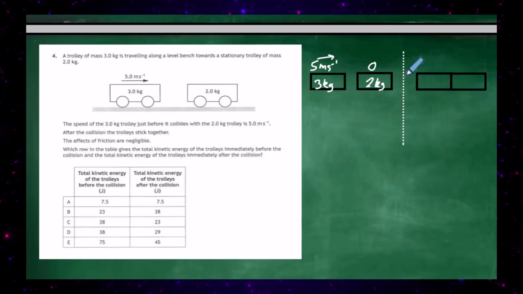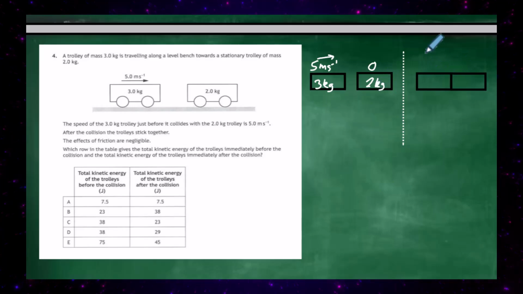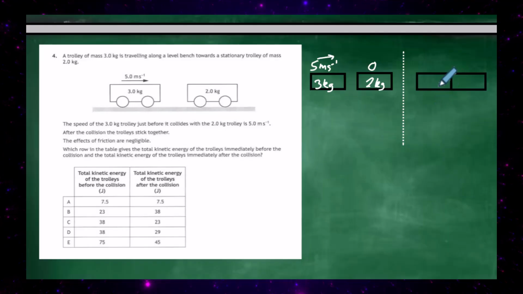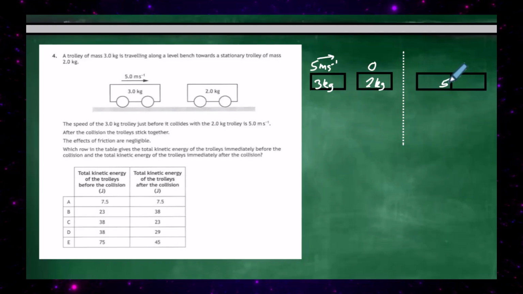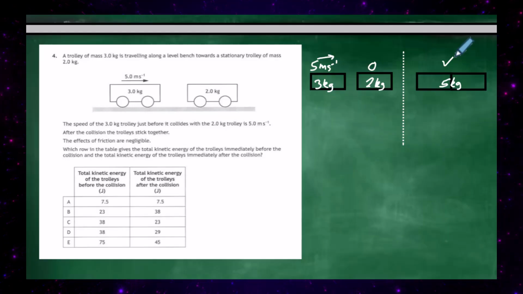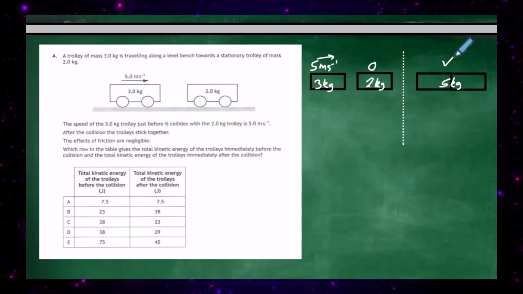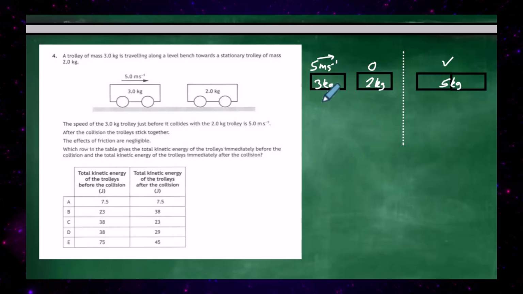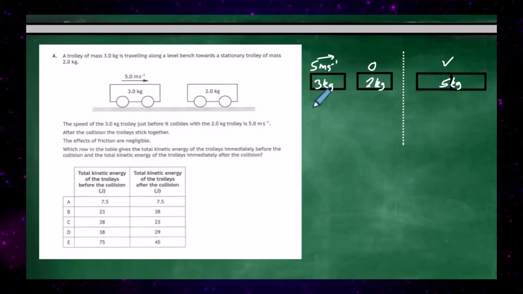And then after the collision, which is after the right hand side of this dotted line, the two trolleys are stuck together, so we've got a combined mass of 5 kilograms. We don't know the speed of it, but we have to find the speed to find the kinetic energy. So, total momentum before, we can work out each momentum together.